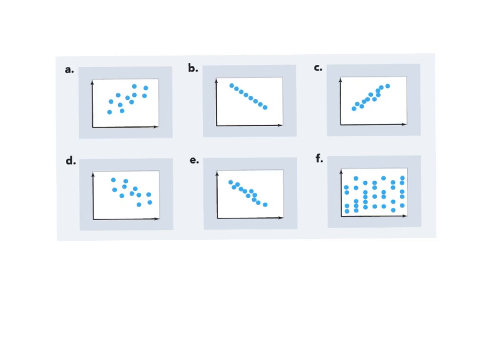So we're going to look at these 6 graphs and see if we can estimate a correlation coefficient of how strongly the data is aligned. So let's start off with what should be the easiest one, which is B. We can see that all these dots are in a straight line and they're going down. So this has a correlation coefficient of -1.